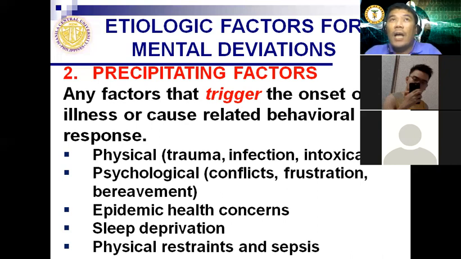For psychological conflicts, for example frustration and bereavement, the common denominator here is if the client has an ineffective coping mechanism, that may trigger a higher level of anxiety. It may possibly trigger depression. So those you can direct to if the client has a psychological concern that they are experiencing.